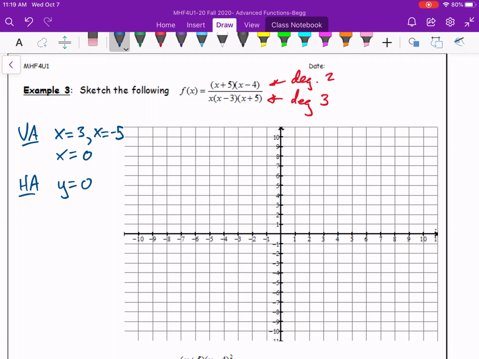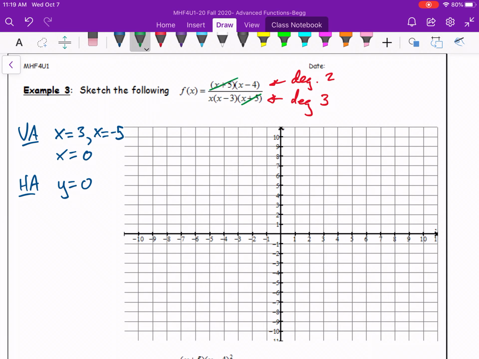X-intercepts. I just did it again. Sorry, I'm going too fast. I just went back and suddenly realized I hadn't considered holes again. So we do have a hole, so I'm going to have to backtrack on something I just said. This x plus 5 and this x plus 5 cancel out.